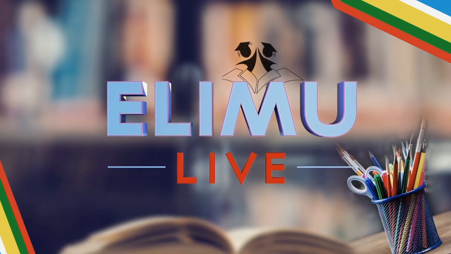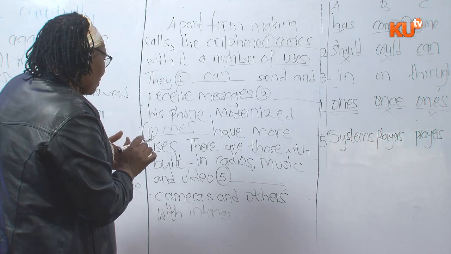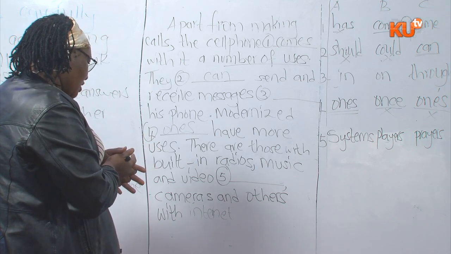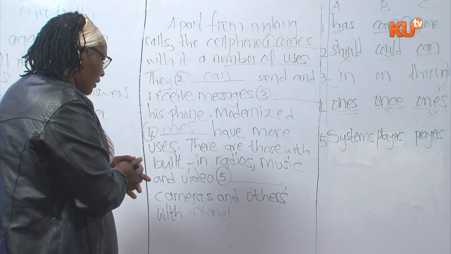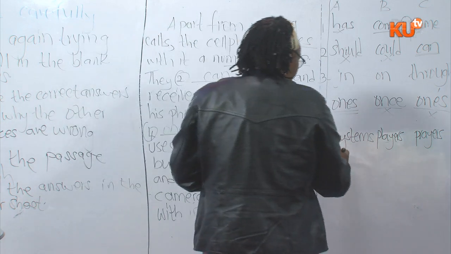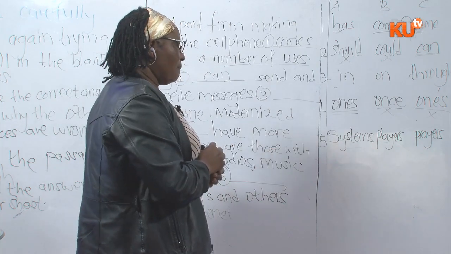Okay, so we move to number 5, and I'm going to read through. There are those with built-in radios, music and video, cameras, and others with internet. Now, we are supposed to look at the meaning of these words. So, number 5 is testing our vocabulary.